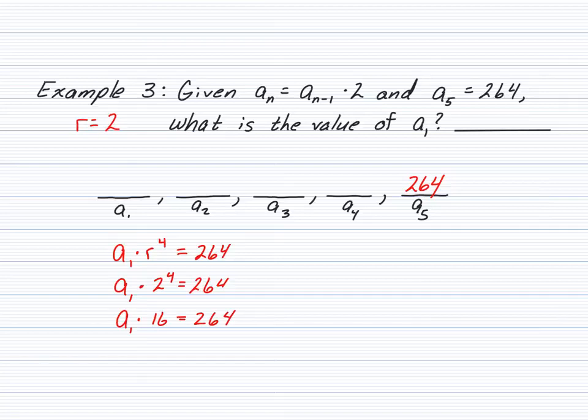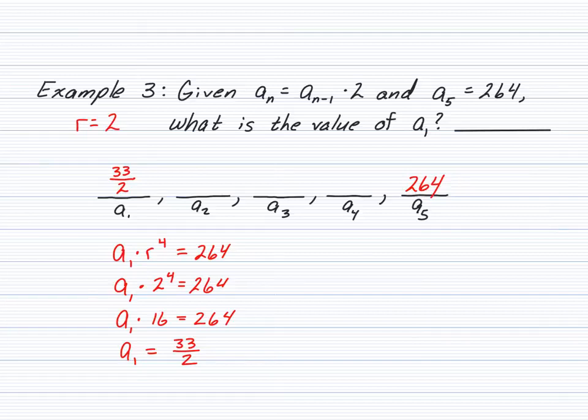And then we're going to take 264 and divide it by 16, which is going to give us 33 divided by 2, and that is going to be our first term.